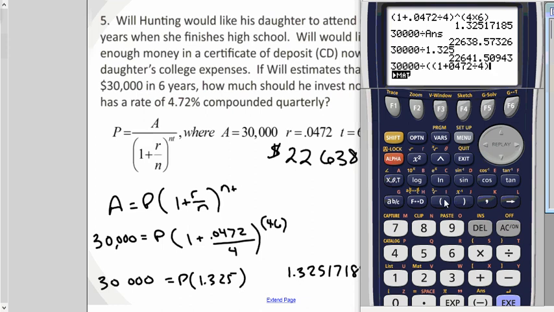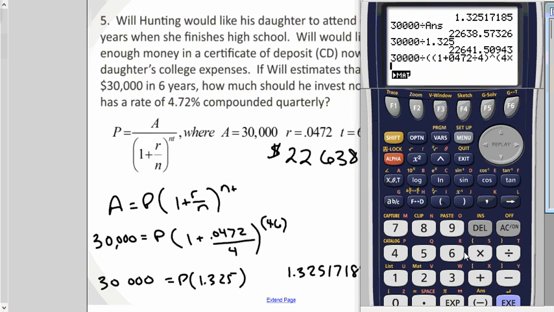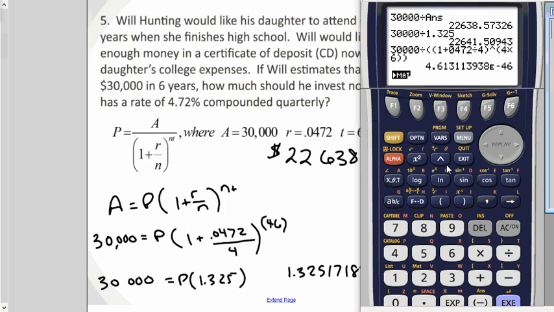So that's going to be the part that's inside the parentheses. That's this part right here. Now I've got to raise that to the parentheses 4 times 6 power. And now I'll close my last set of parentheses. This one right here matches up with this one. That just means the whole thing is going to be put down on the bottom.